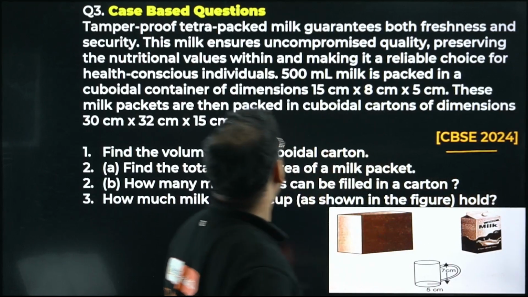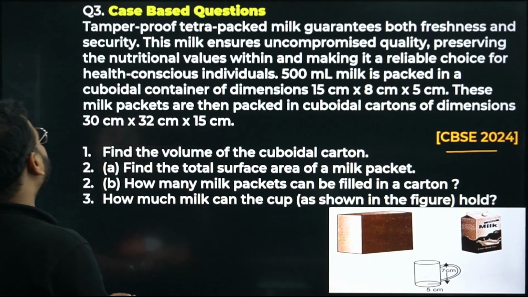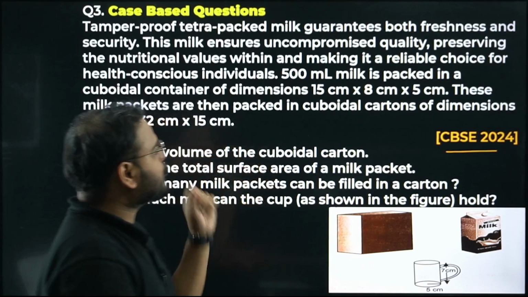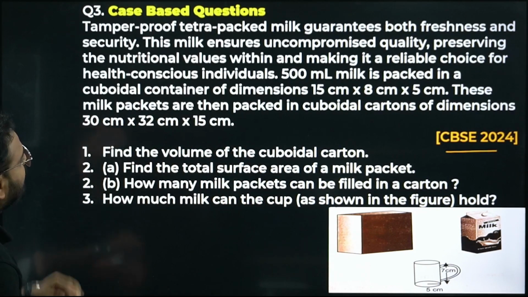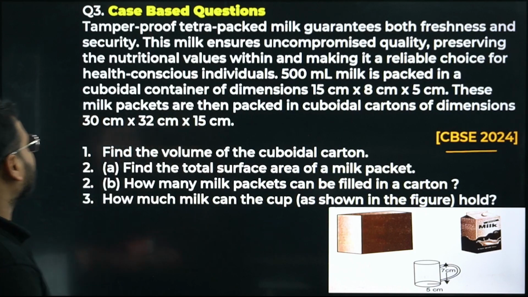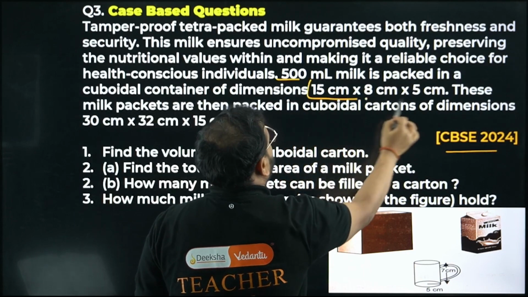This milk ensures uncompromised quality, preserving the nutritional values within and making it a reliable choice for health conscious individuals. 500 ml milk is packed in a cuboidal container of a dimension. So let's see whether this is useful or not, but this is very, very useful.